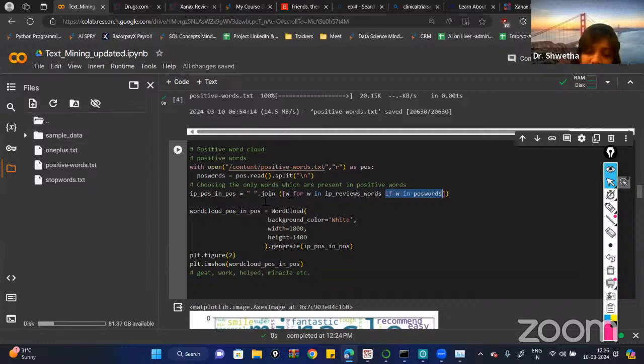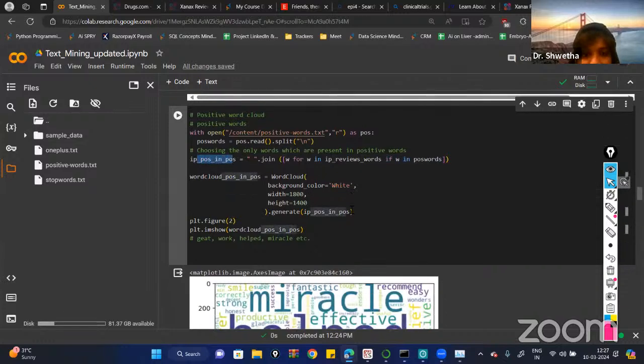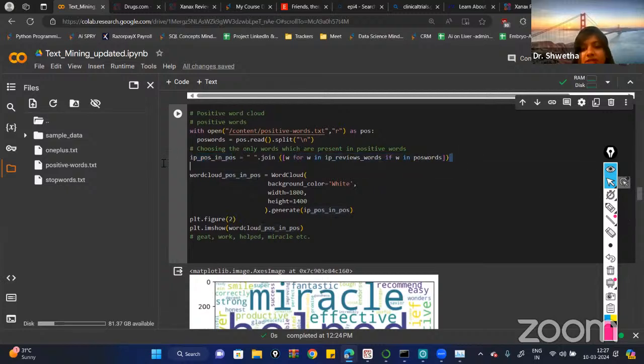And this word should be joined in this ip_pos, in_pos. Once we get the list of all the positive words in this document, we are building a word cloud.